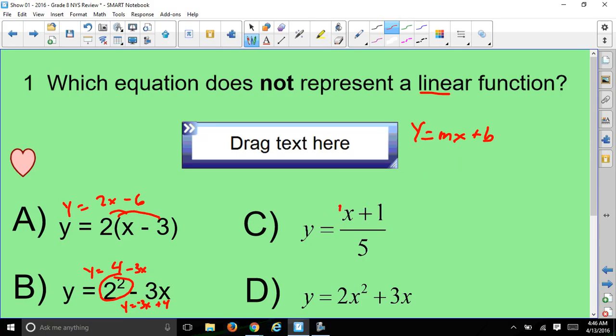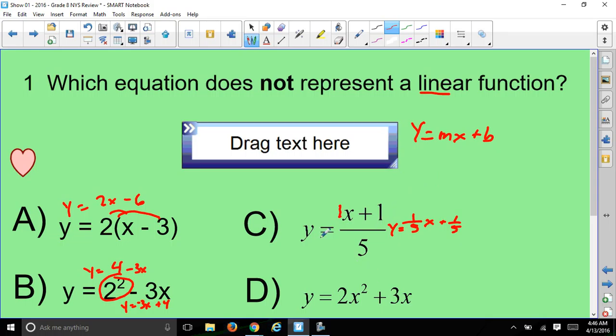Here, let's put a 1 in front of there, so we can separate this by dividing both by the 5, 1/5, put an x next to it, and divide the 1 by the 5, so we have plus 1/5. So that would be y is equal to 1/5 x plus 1/5, and that's in the shape.